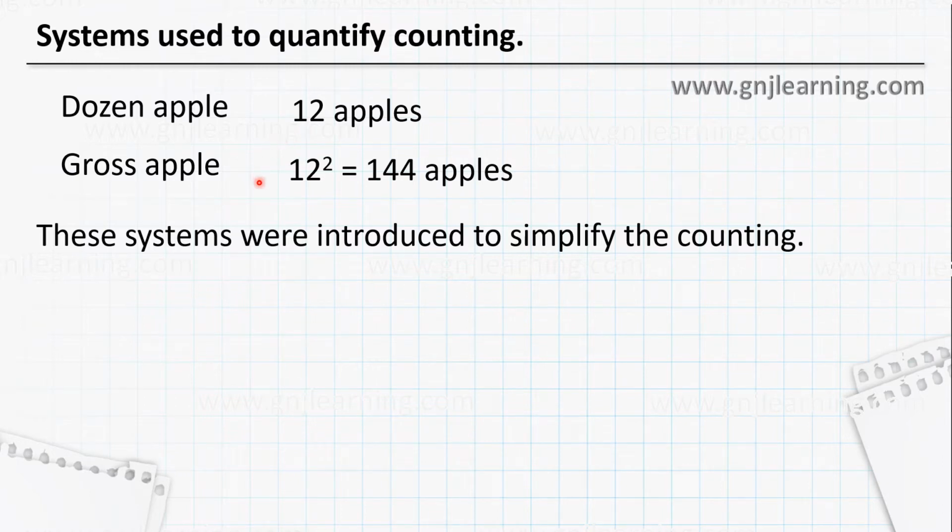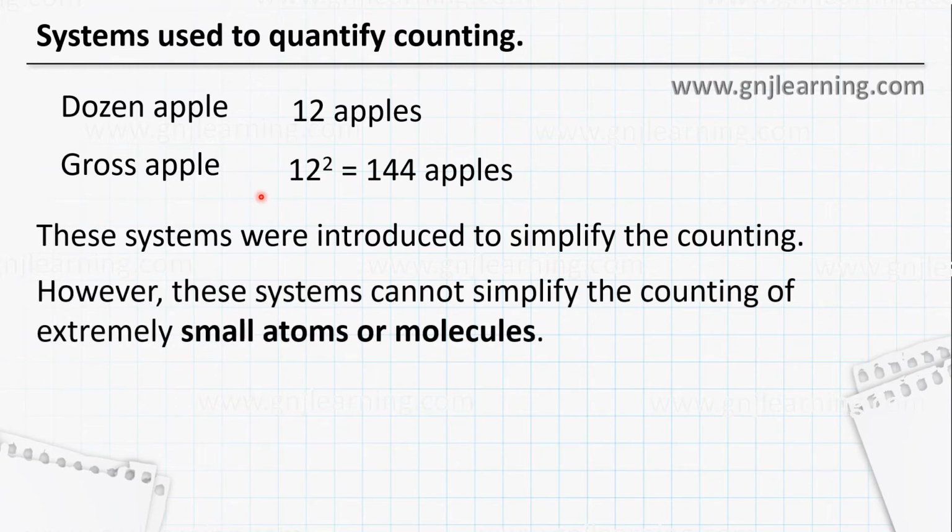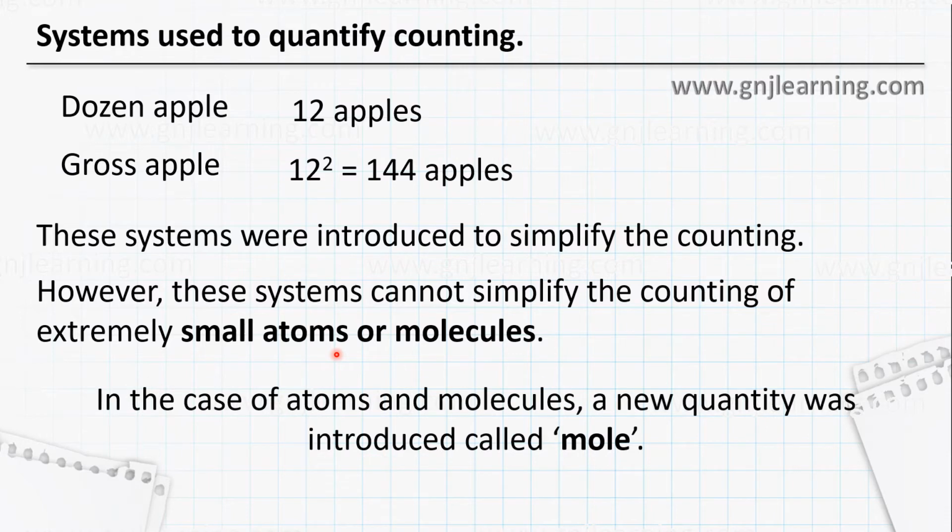These systems cannot be used to quantify or simplify the counting in the case of small atoms and molecules, because 12 atoms or 144 atoms will be too small to quantify them. So in order to quantify the counting of atoms and molecules, we have introduced a new quantity called mole.